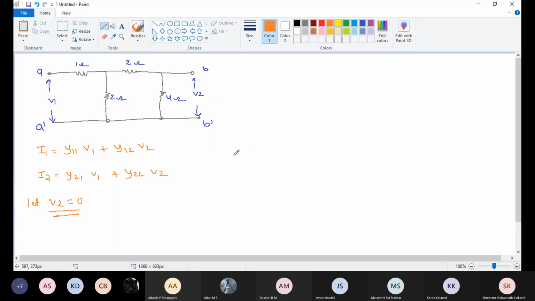If V2 is 0, how will the circuit look? Mark I1 and I2. If V2 is 0, the B and B dash port is open circuit or short circuit?